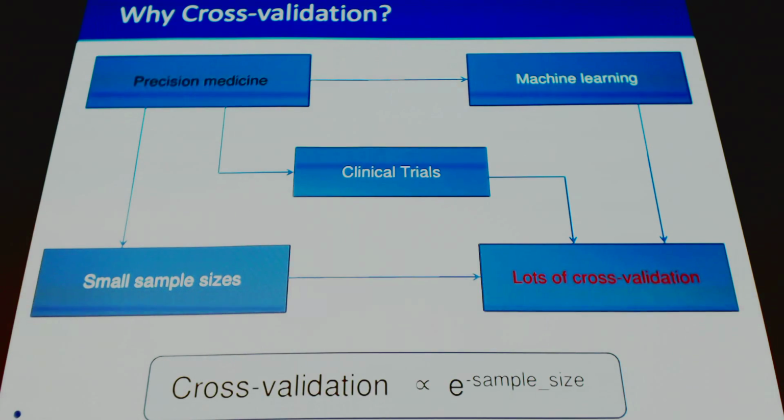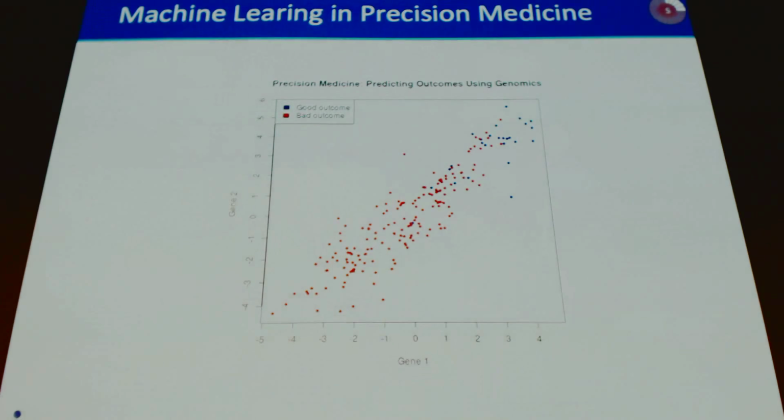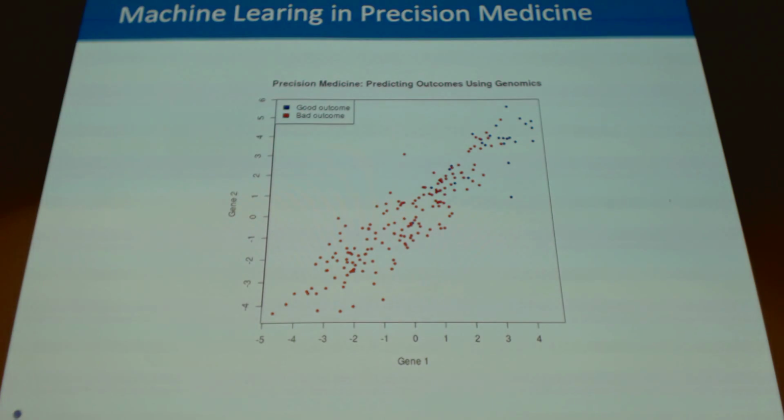So when you put all this stuff together, which is precision medicine and machine learning, these samples are usually very small. Just to give you an idea, this is a real sample which has about 130 or 150 patients, and it takes years sometimes to collect this because you have to follow them for their actual outcome.